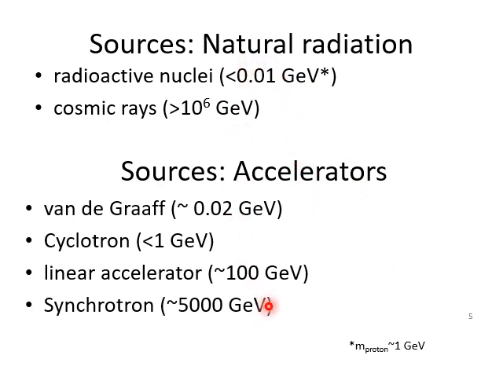I scaled everything here to giga electron volts because that's an important scale for particle physics, and it also happens to be the mass energy of one proton or one neutron. So close enough, good enough for particle physics, let's call it.